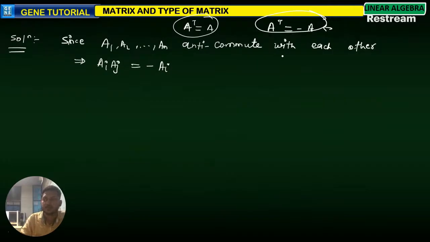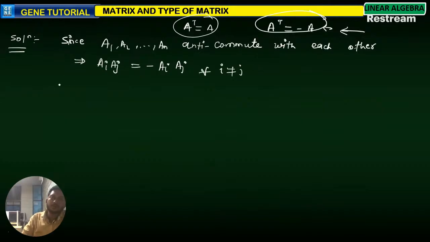So the problem is related to skew symmetric matrices. We take some elements like this, which anti-commute with each other, and therefore imply Ai Aj equals minus Aj Ai for all i not equal to j.